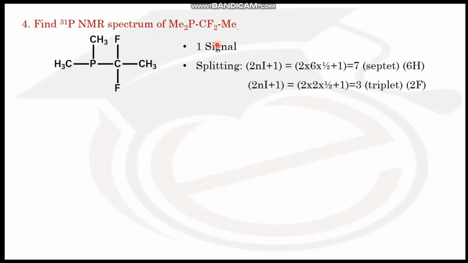One signal split into 21. It's split into a septet due to hydrogen, and that can further split into a triplet due to fluorine. So this is the P31 NMR of this compound.